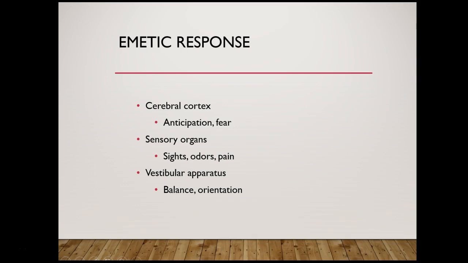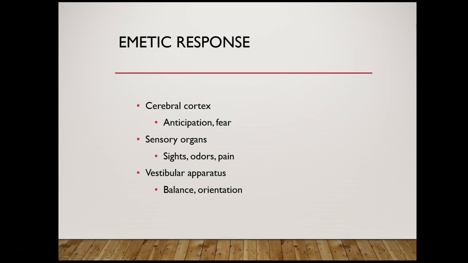The vomiting reflex is controlled by the medulla, which houses the vomiting center. The vomiting center receives signals from the GI tract, the inner ear, and the chemoreceptor trigger zone in the cerebral cortex, and that creates an emetic response.